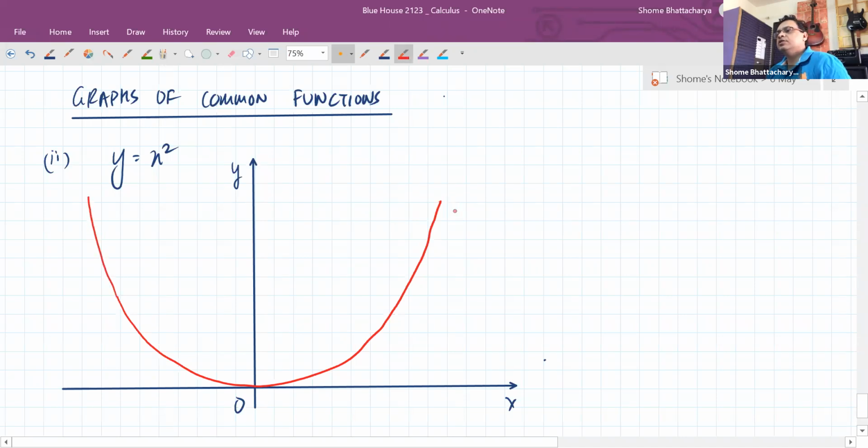As you know, this kind of a shape is called a parabolic graph. So it has a situation such that for equal intervals of x, the change in y is not equal. It starts increasing rapidly. Whereas also y never becomes negative.